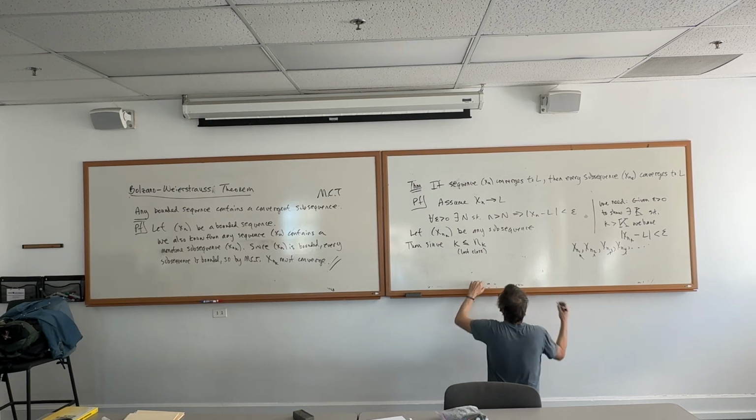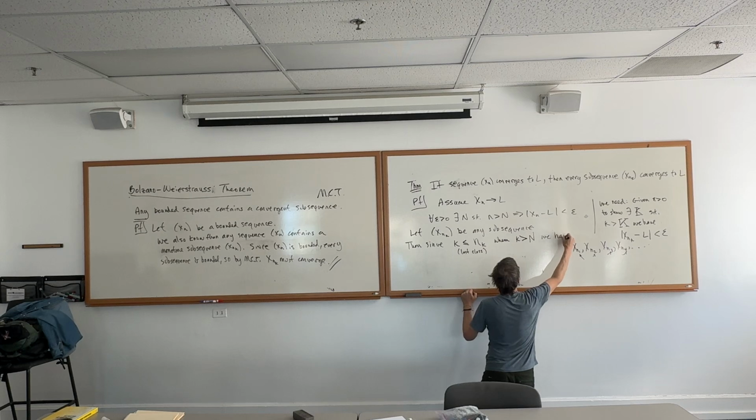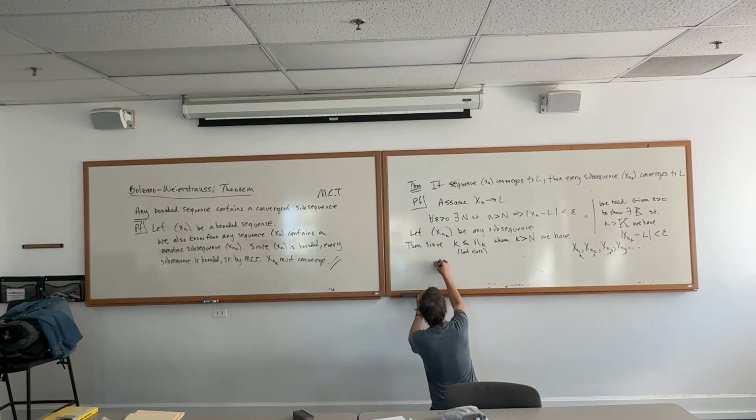Then, since this happens when k is bigger than this n right here, we have n sub k bigger than or equal to k, greater than n.